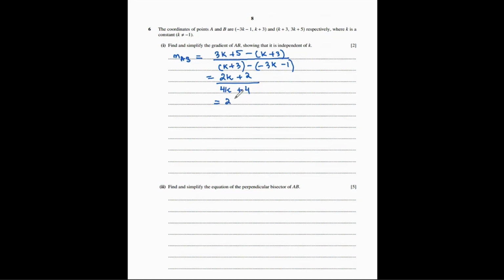We can take 2 common in the numerator and 4 common in the denominator. K plus 1 gets cancelled out and we're left with 1 over 2. And that shows that the gradient is independent of k.